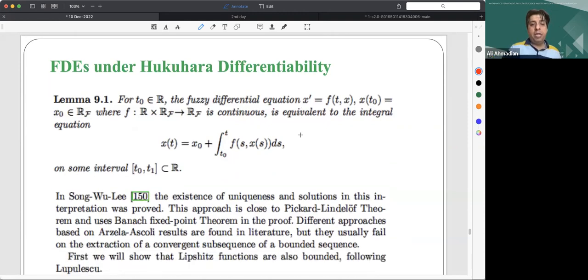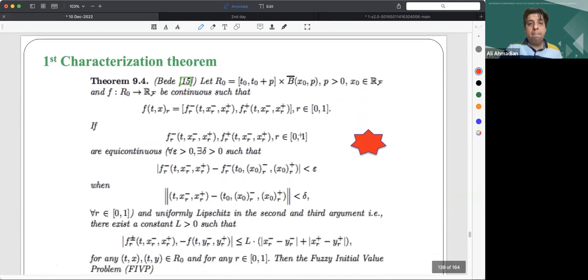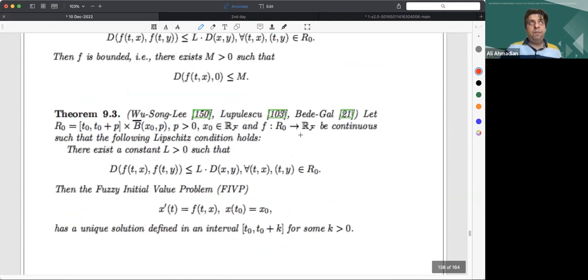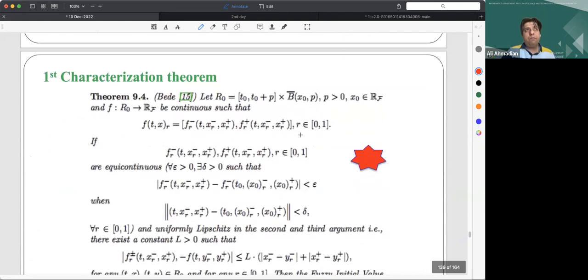Okay, so if I select a fuzzy differential equation based on the fuzzy Hukuhara differentiability, then I follow this one.